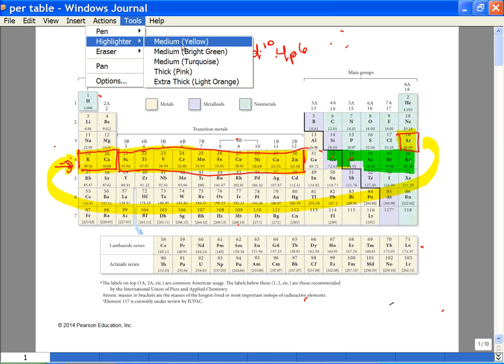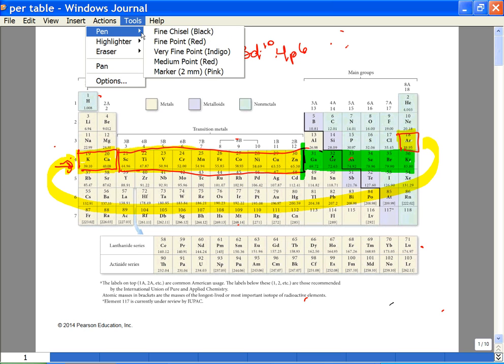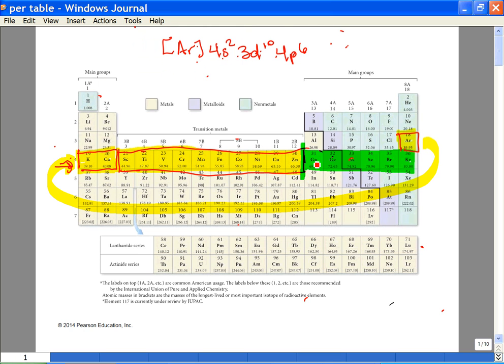I drew a little bit too far over. Let me go back in here to make sure I have that. Okay, so this is the P block here, and the D block is right here. So we count over. In the P block, we have 1, 2, 3, 4, 5, 6, and that falls on Krypton.